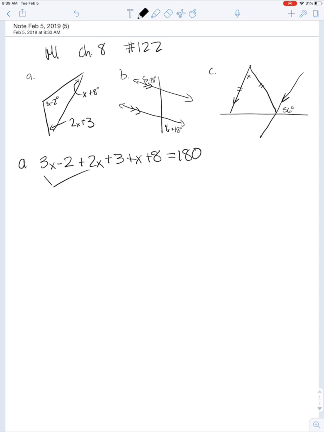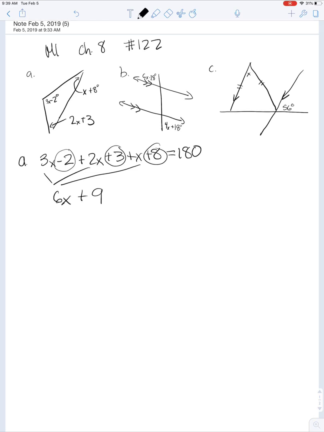Combine our like terms. We're going to add our x's together. 3x plus 2x is 5x, plus another x is 6x. Then we're going to add our constants together. Negative 2 plus 3 is 1, and then 1 plus 8 is 9. So we get 6x plus 9 equals 180.